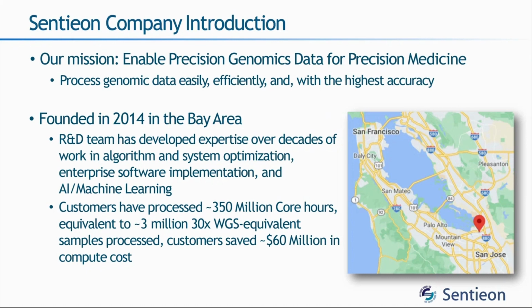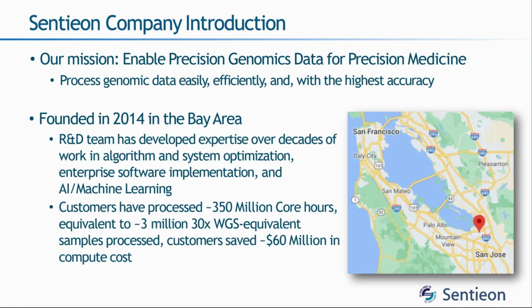Sentieon's aim is to deliver secondary DNA and RNA analysis solutions for a multitude of sequencing technologies, including short and long reads from PacBio sequencers. So you can understand that this software is compatible with a variety of sequencing platforms and not just one.